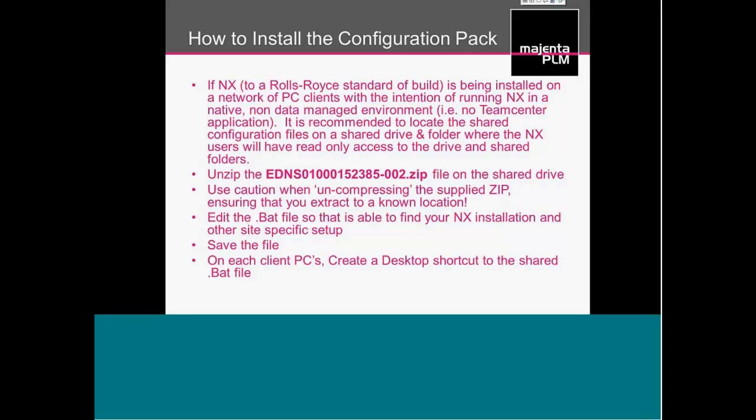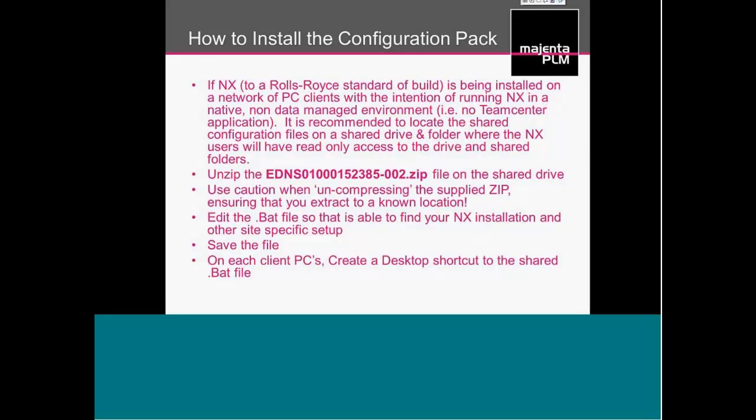So how would you install the configuration pack then? So once you've downloaded the configuration pack, it's delivered in a zip file. This zip file needs to be unzipped, and if you're running on a standalone PC, then you can just download that and unzip that to a folder of your choice.